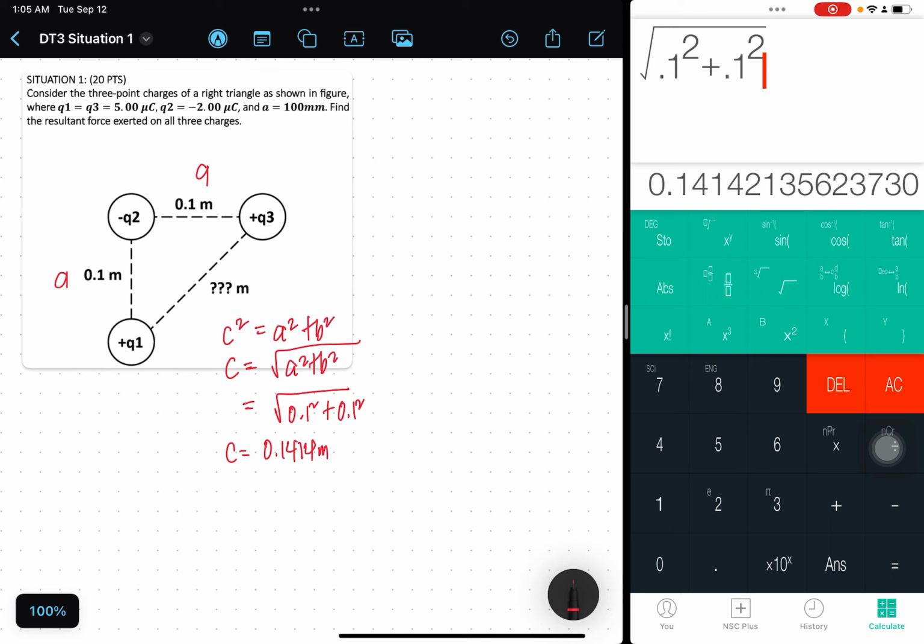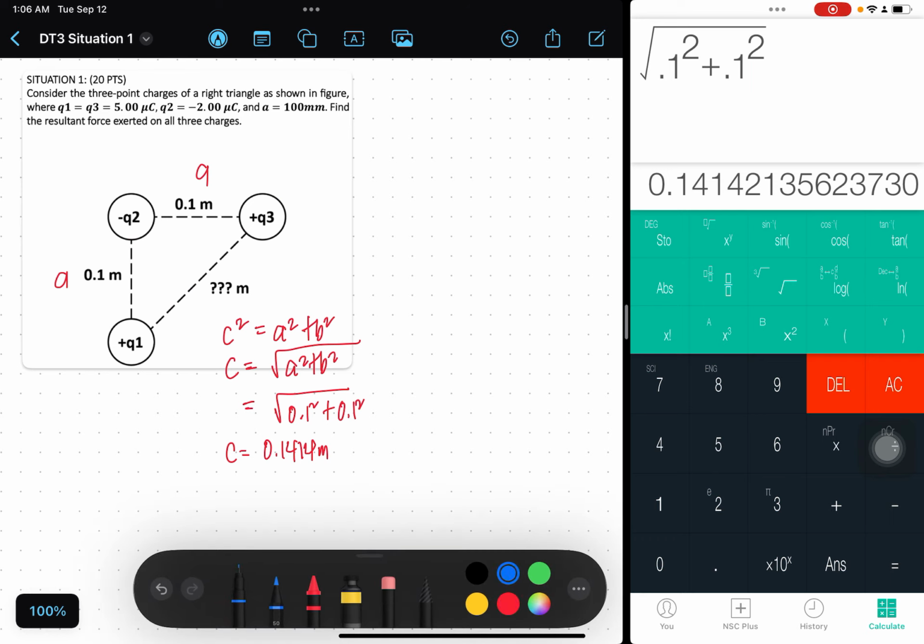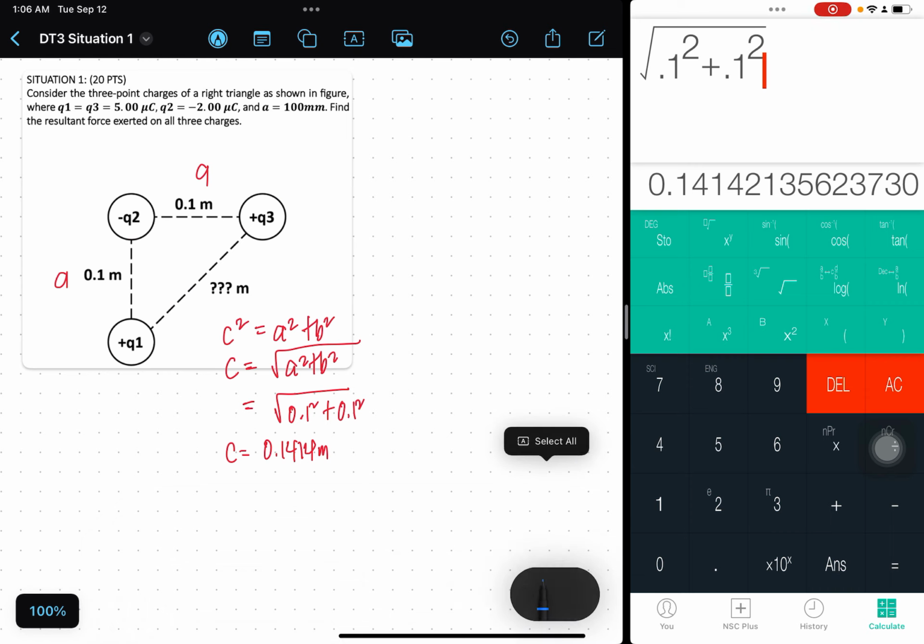After getting our distance, let's analyze our charges. Please recall the law of charges: like charges repel, and unlike charges attract.